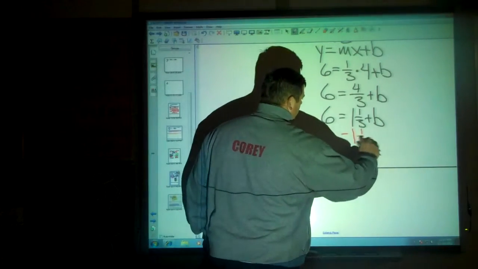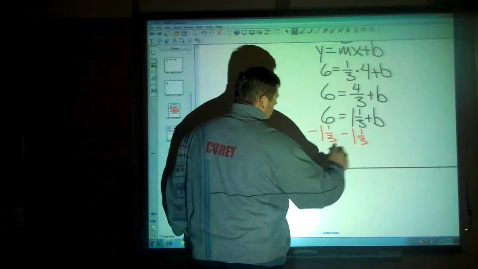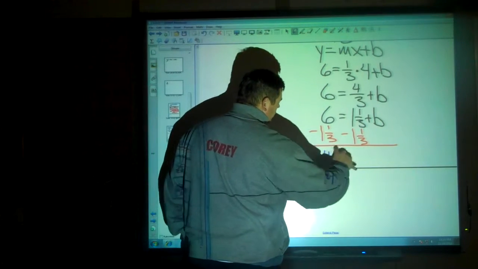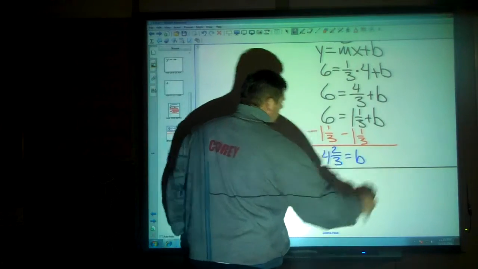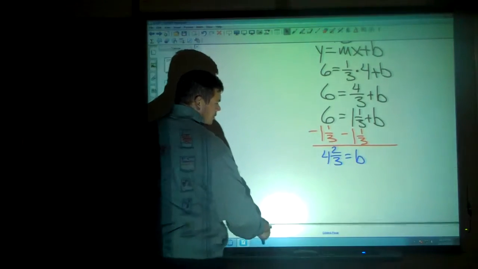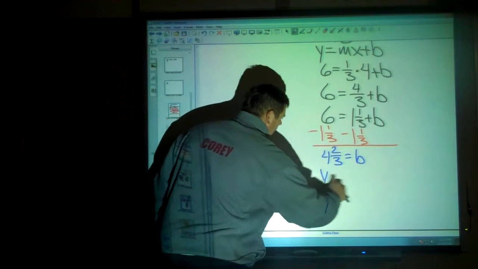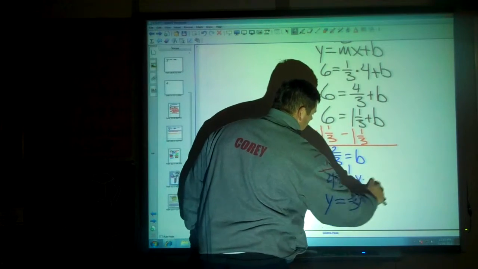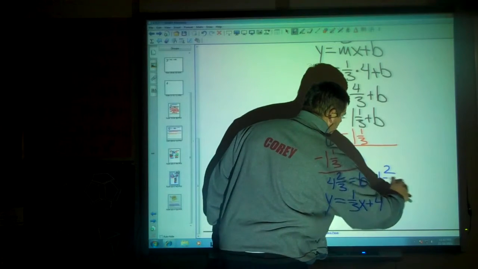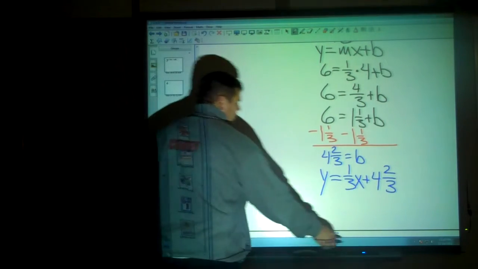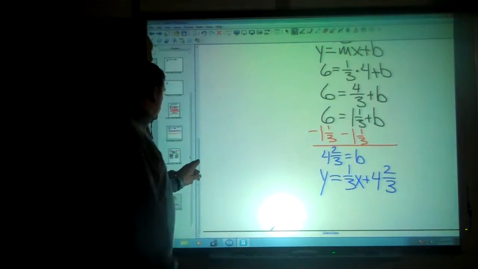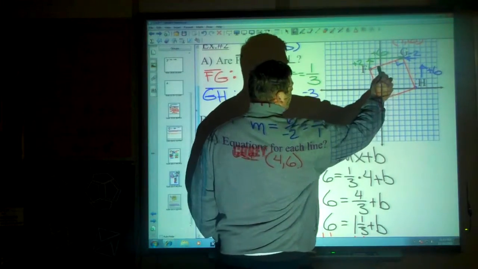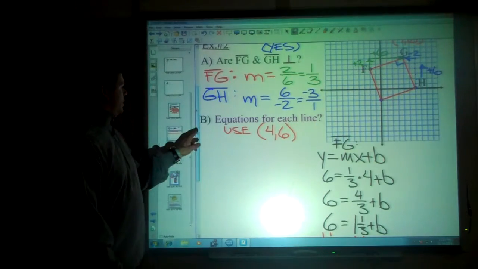So subtract 1 1/3, and you end up with a b value of 4 2/3. So our final equation, y equals the slope of 1/3 x plus 4 2/3. That's the equation for F to G. Now let's look at the graph. 4 2/3. 1, 2, 3, 4, and yeah, that looks like maybe about 2/3, so it seems reasonable.